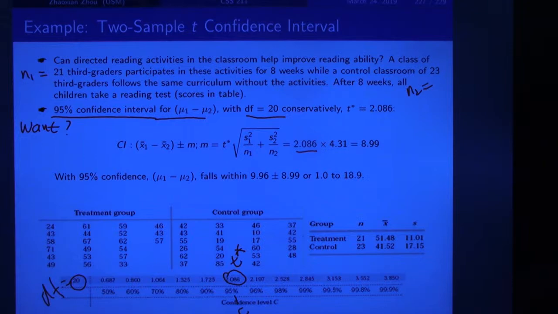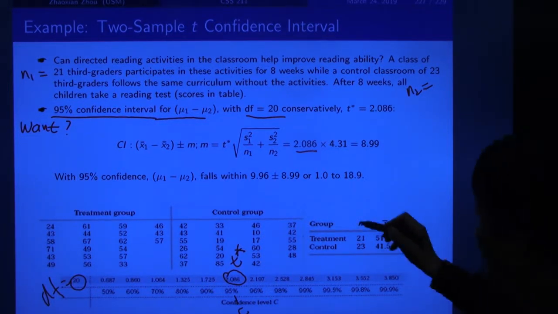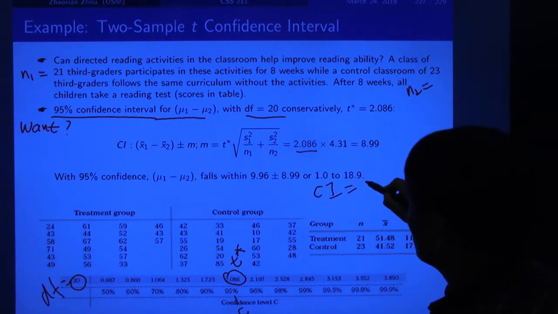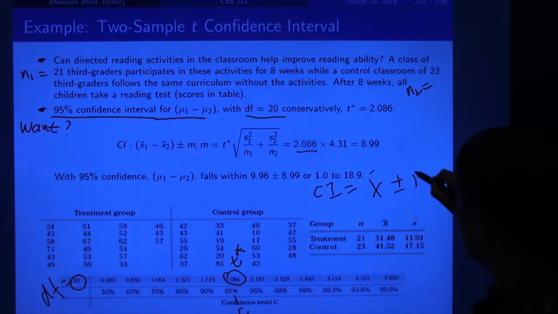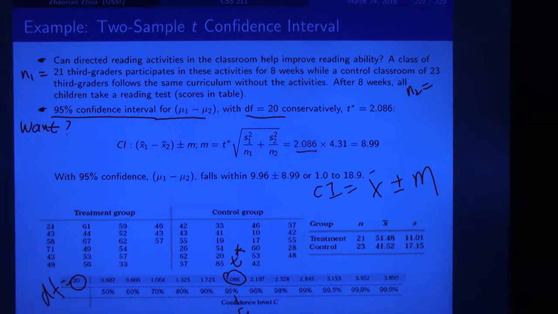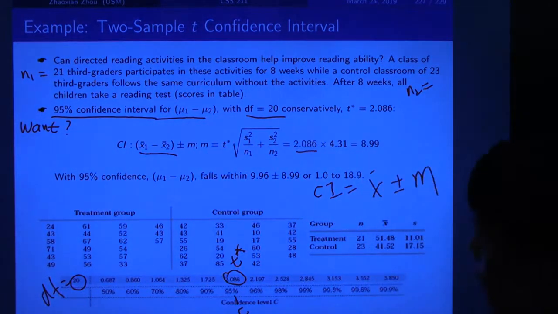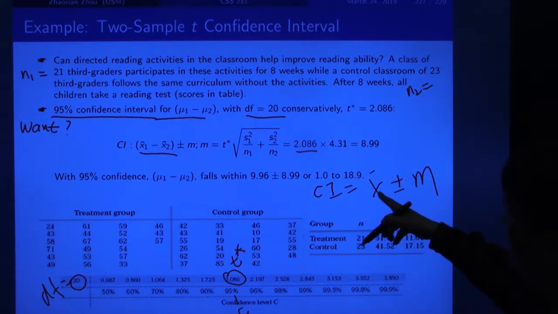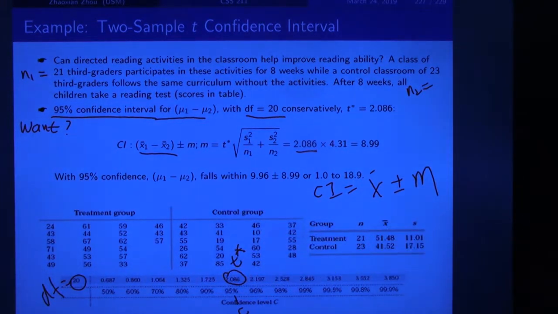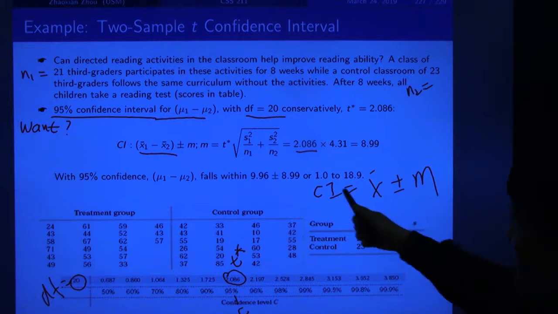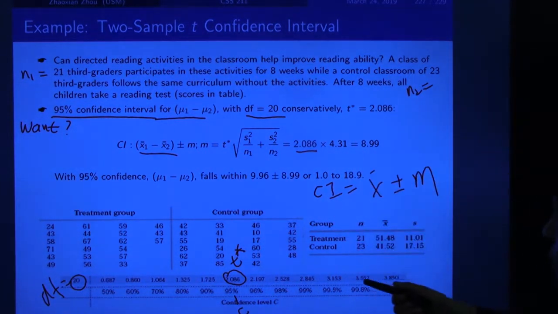So for the confidence interval, if we still recall for one sample, the confidence interval equals x bar plus minus the margin of error. Now we have two samples, so that will be the difference. So x bar will be replaced with x1 bar minus x2 bar, and this m is calculated from here, equals 8.99.